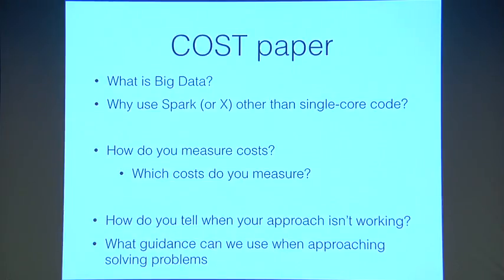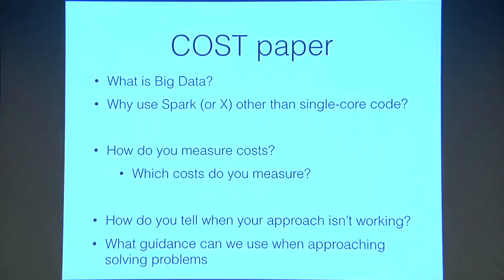Then this is a very good time to make sure your approach is working. It's very easy to understand if you have a single machine handling all your queries, you know how it scales. It probably drops off roughly linearly as the number of queries increase. If you have twice as many queries and twice as many machines, do you still see that speed improvement? So this again comes back to forcing it into the Gustafson-Barsis model and seeing how it does. And if it doesn't do well, you need to consider why.